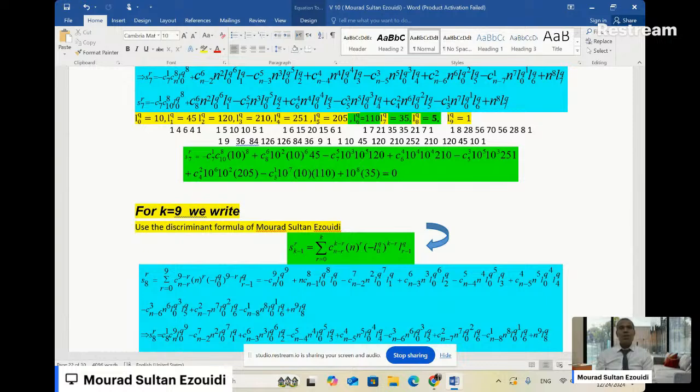And we told S4 is going to be equal to negative 1.